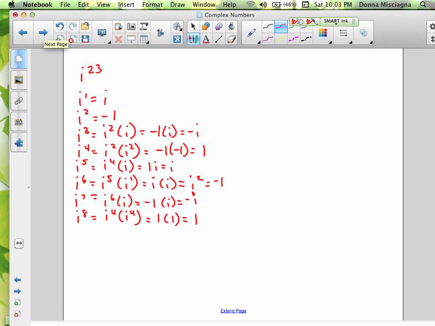And as a matter of fact, it's going to just keep repeating, so that every fourth term in the sequence is going to be 1. So that means that i to the fourth is 1, and i to the eighth is 1, and i to the 12th is 1, and i to the 16th is 1, and i to the 20th is 1.